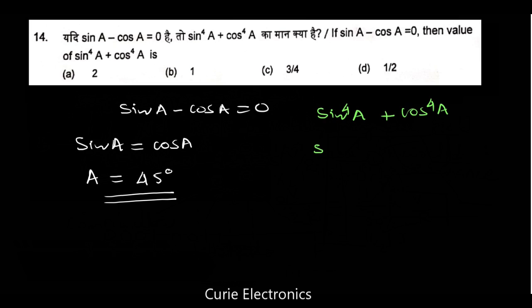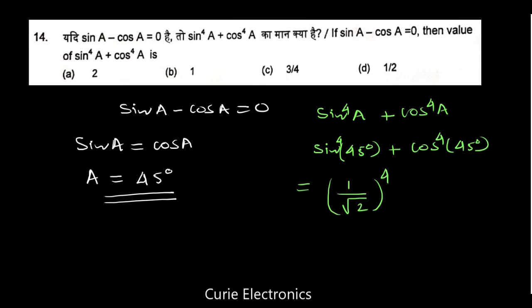That is sine to the power 4, 45 degree plus cos to the power 4, 45 degree. What is sine 45? 1 upon root 2. Cos 45 also same, to the power 4 plus this also 1 upon root 2 to the power 4.